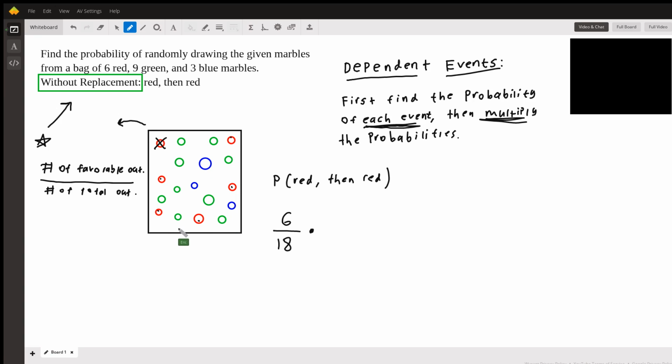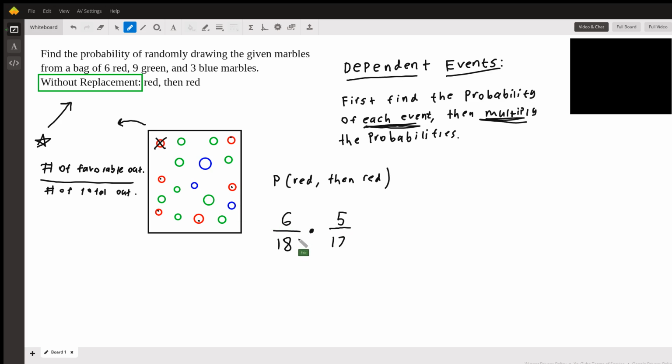There's no longer 6. So we have 5 for our number of favorable outcomes. Now, our total number of outcomes is not 18 anymore. Since there is 1 fewer marble in the bag, there's going to be a total of 17 marbles now.